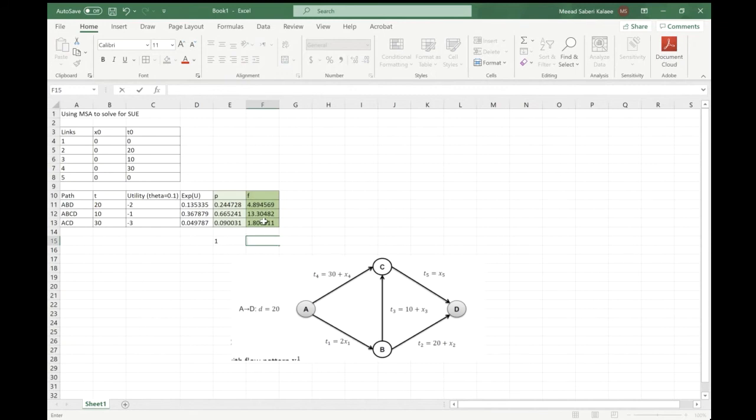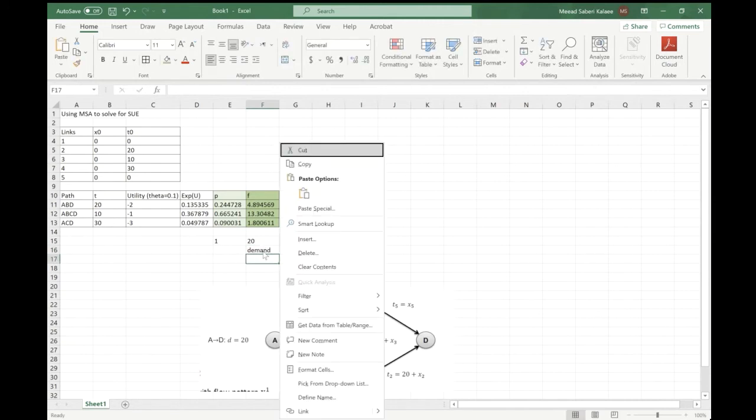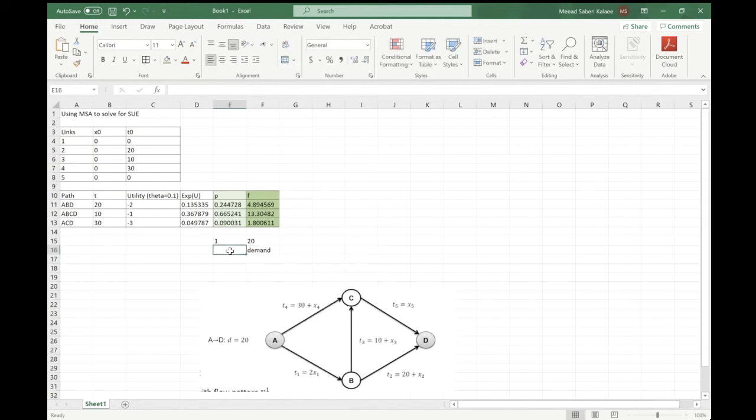Let me keep them just in case we want to double check. So let me just write it down. Here is the demand. This would be the prop sum, let's call it. So it's 1 and this is 20. So now that I have the path flows, I can actually calculate X stars, right?